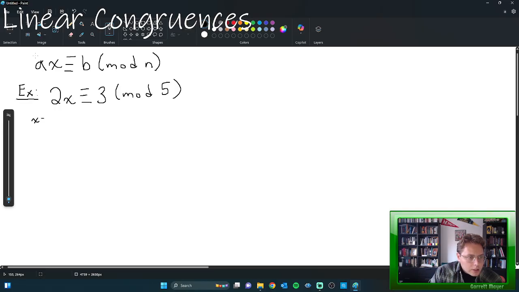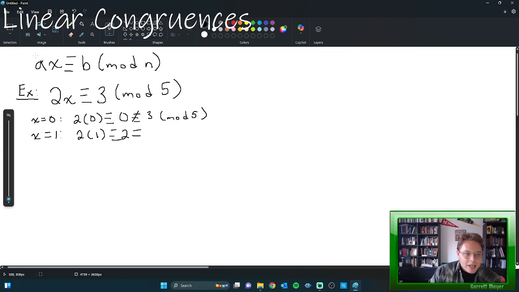Let's try x equals 0. 2 times 0 is congruent to 0, which is not congruent to 3 mod 5. So 0 is not a solution. What about x equals 1? Well, 2 times 1 is congruent to 2, which is not congruent to 3 mod 5. So that's not a solution.